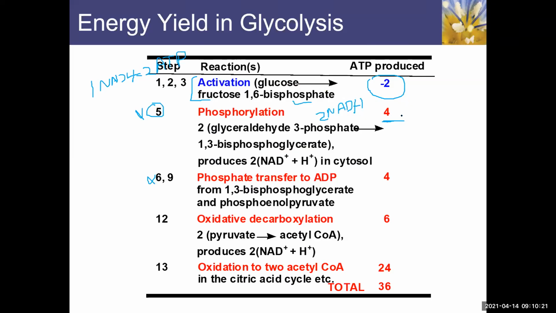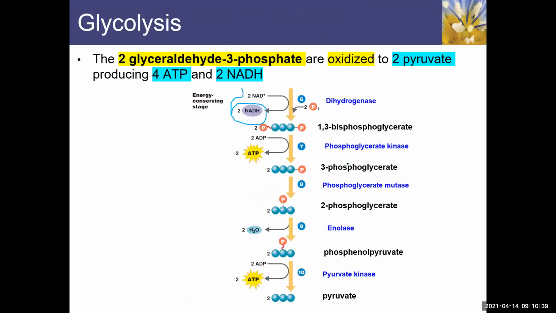So we have 2 ATPs, and since we have 2 NADH, of course we'll have 4 ATPs produced over here. Then we also produced 2 ATPs here and here.